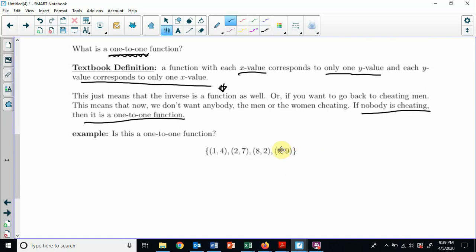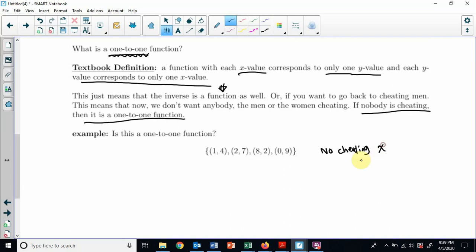Now if you were to just check all the y values to see if any of the y values are cheating. Mrs. 4 is only dating Mr. 1. Mrs. 7 is only with Mr. 2. Mrs. 2 is only with Mr. 8. Mrs. 9 is only with... So there's no cheating men, so no cheating x's.